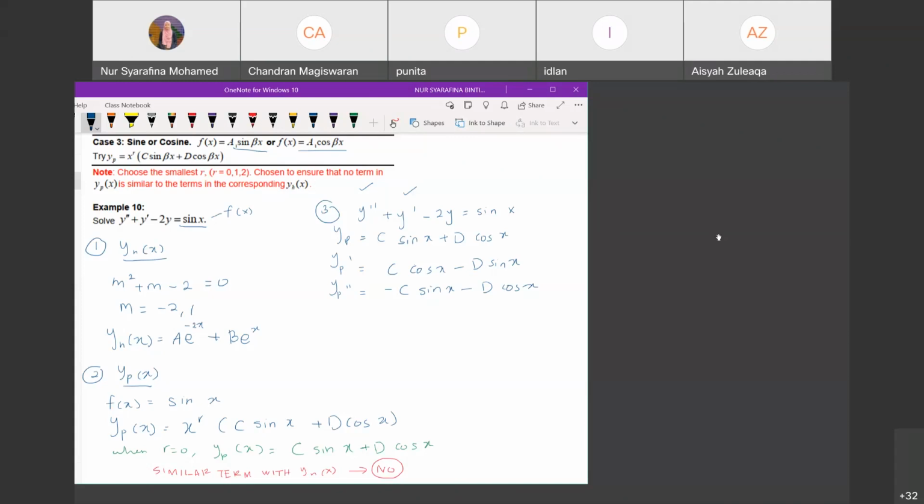Now substitute into the differential equation.